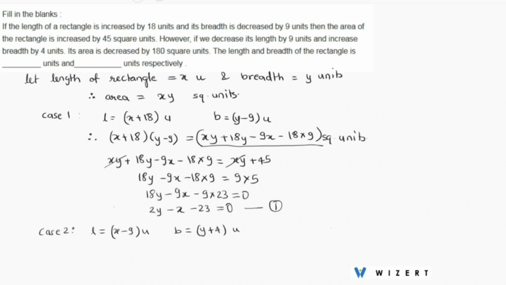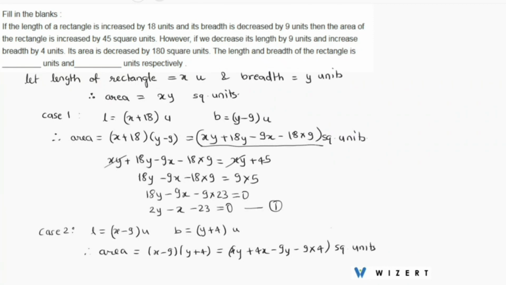So area will be x minus 9 times y plus 4. Again we do polynomial multiplication. We get xy plus 4x minus 9y minus 9 multiplied by 4, and this is in square units.